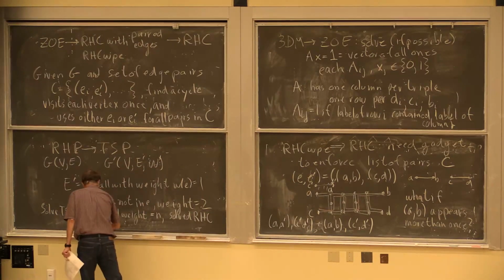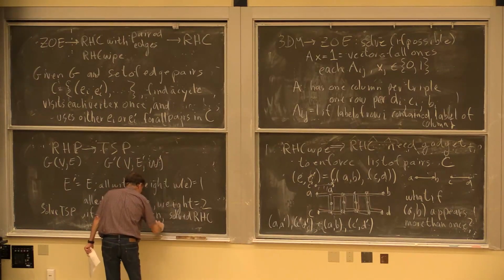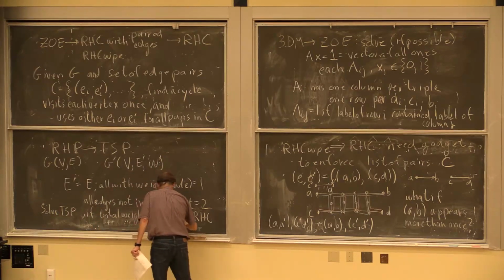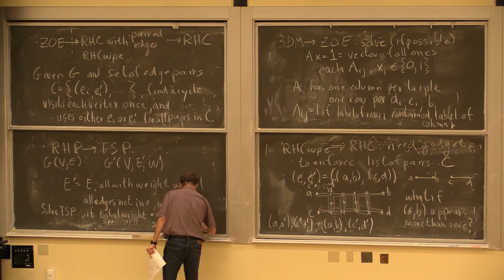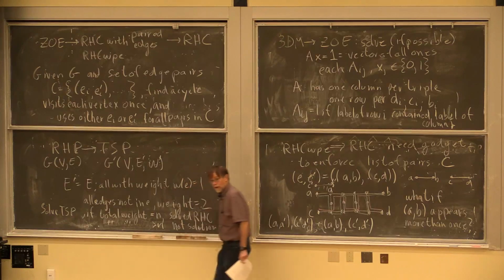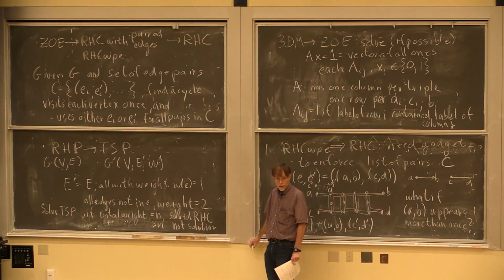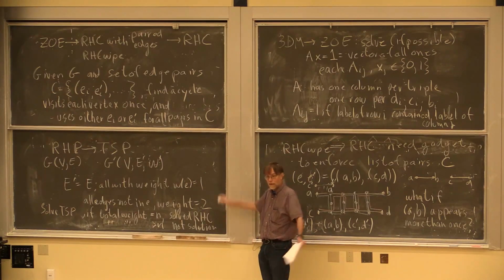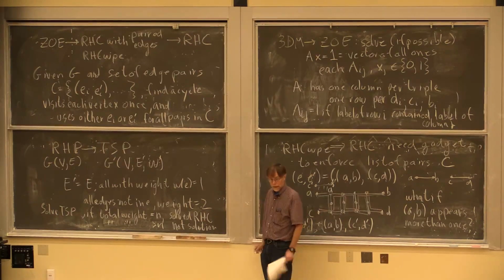But if the total weight is greater than n, then there's no solution. Right? I had to use one of the new edges that I introduced in order to solve the problem. So that's how I distinguish it. It's a pretty simple reduction. Okay, and we have 4 minutes for questions.